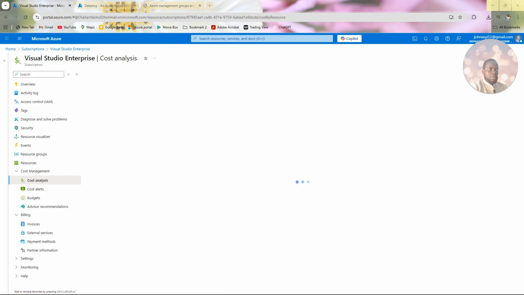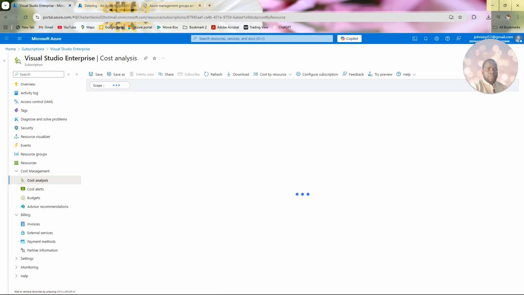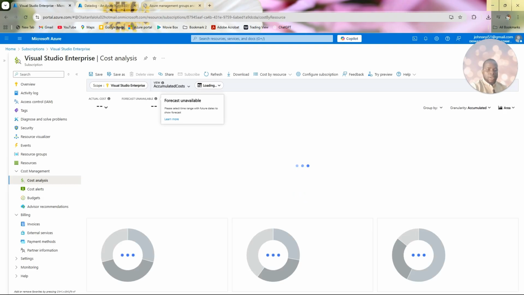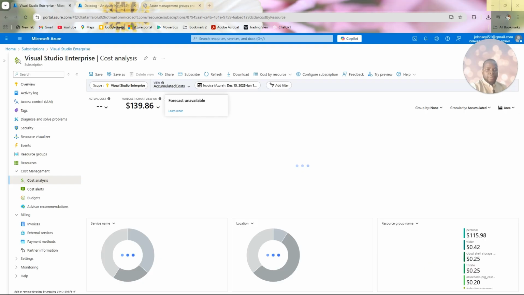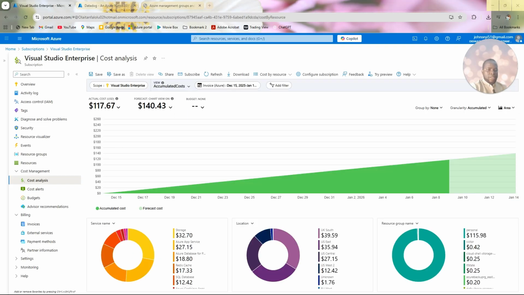Let me show you. Okay. So cost analysis, as I explained earlier, contains how much my spending has been. Do we get what I'm trying to say? How much has my spending been? What did I spend? My forecast, meaning that going on this trajectory, how much will I spend at this particular time?